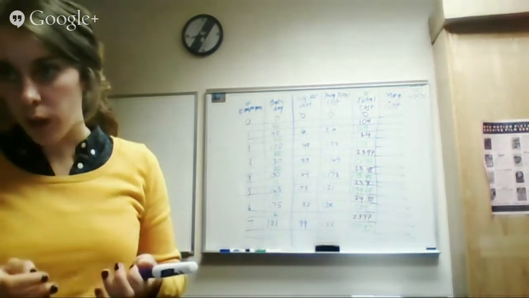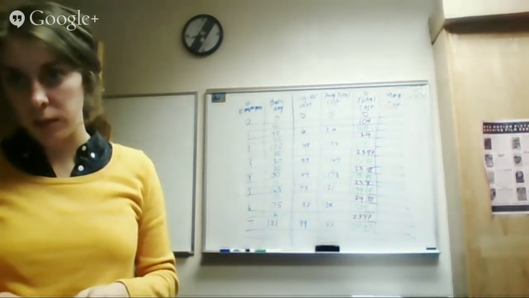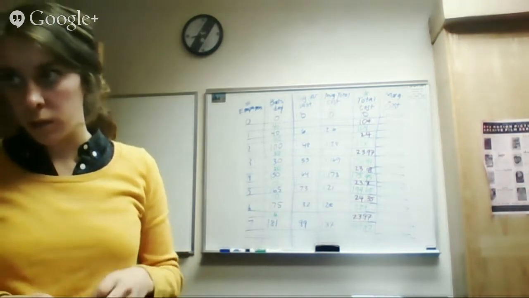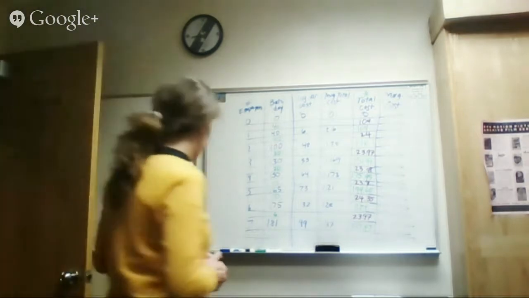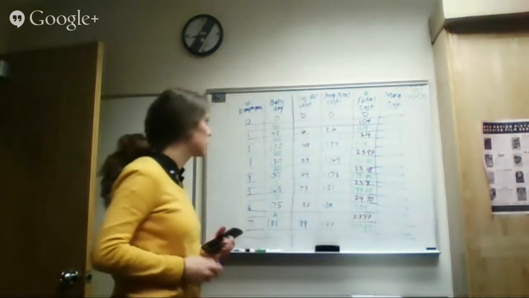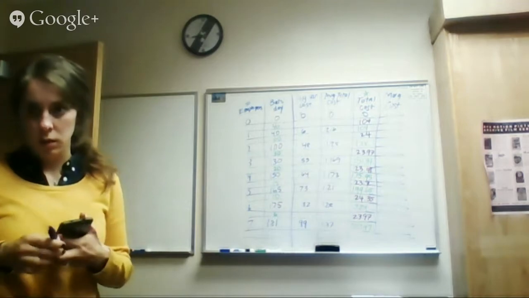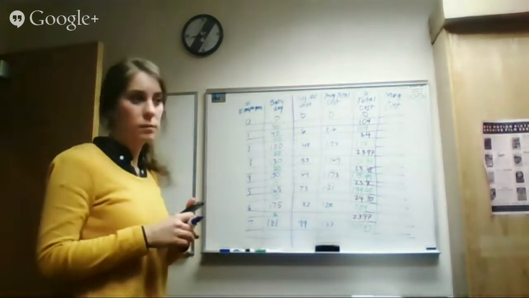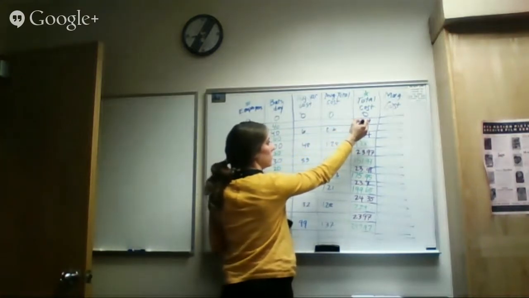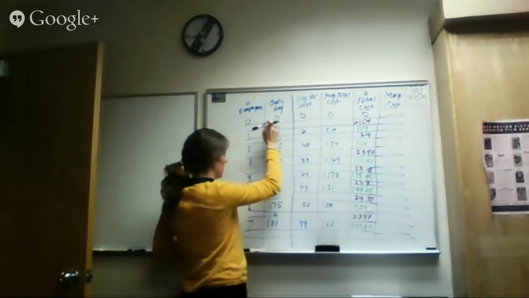So change in total cost divided by the change in number of bats per day. So it's going to be this value in purple divided by these values in green.